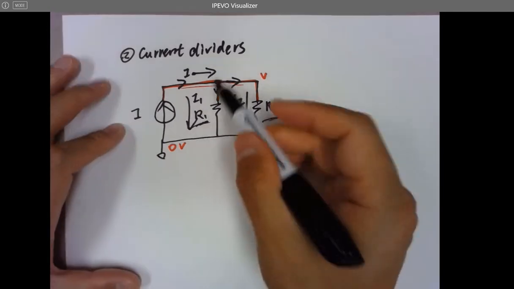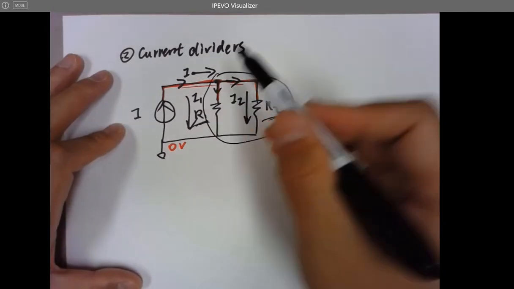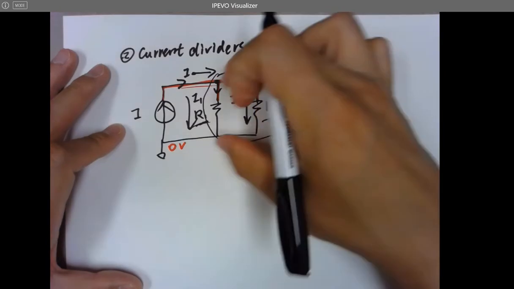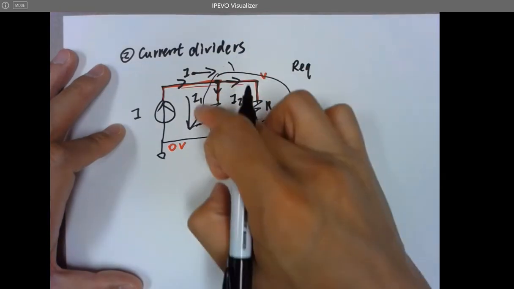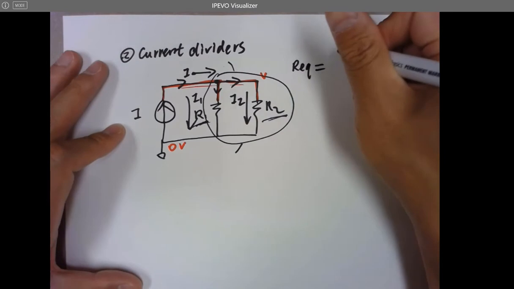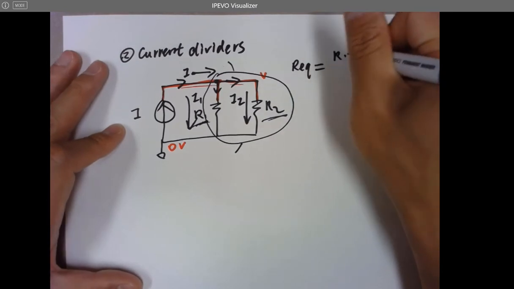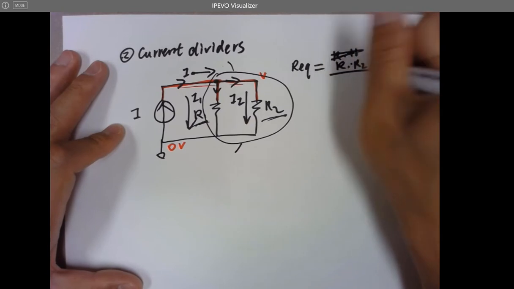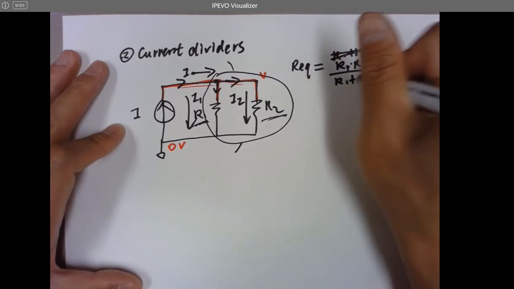Now, because we have derived the equivalent resistance for this resistor network in parallel, the equivalent resistance is R1 times R2 over R1 plus R2.